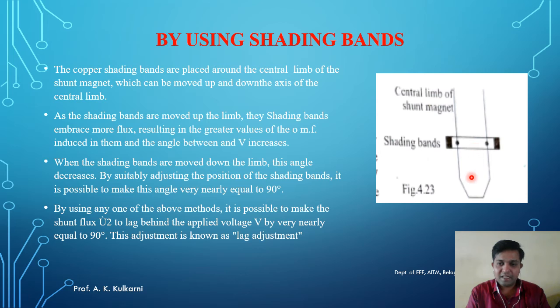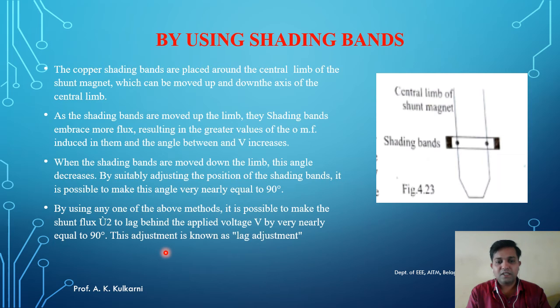If the shading band is moved towards a downward position, the angle between voltage and current is nearly 90 degrees. Using any of these above methods, it is possible to make the shunt flux lag behind the applied voltage by nearly or equal to 90 degrees.